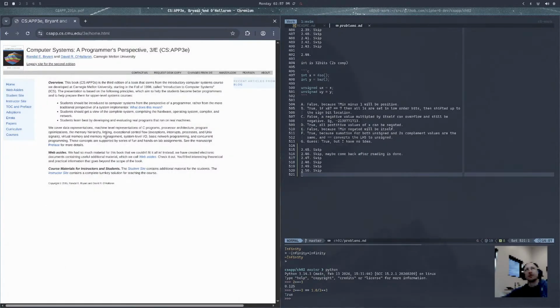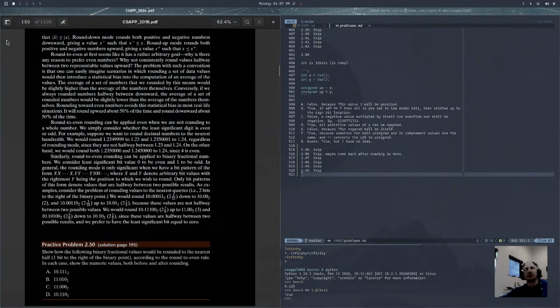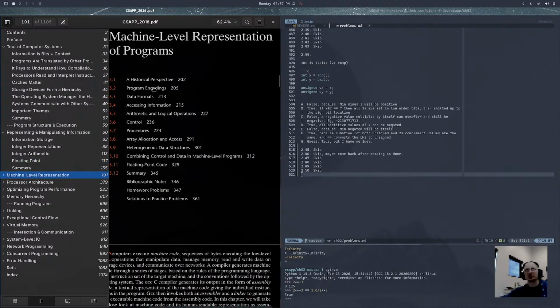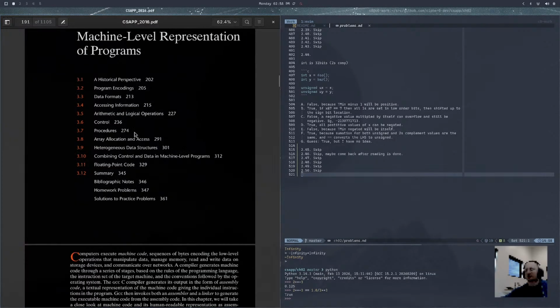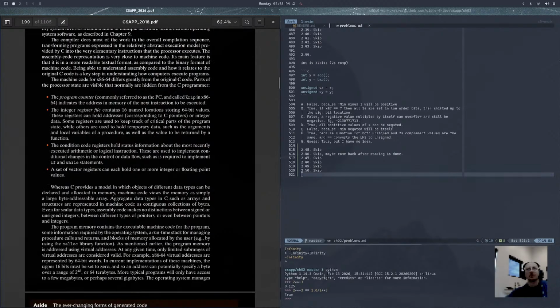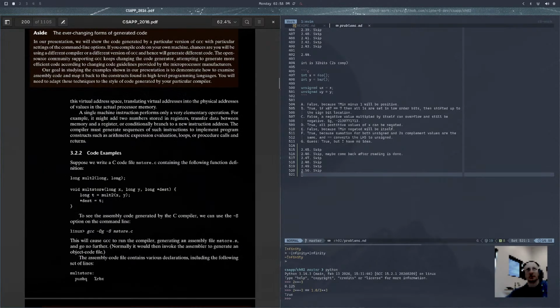So the main thing about this book is that it is focused on assembly. This chapter 3, which is the chapter that I'm looking forward to, we'll just page through this real quick. It starts with the machine level code.